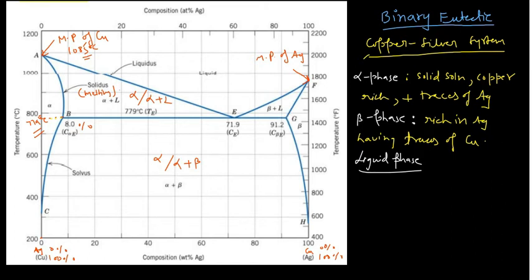The temperature is the same for this one, 779 degrees centigrade, so I can write it here. The percentage of copper in that case would be 8.8%, and remember it is the weight percentage. This is very, very important.